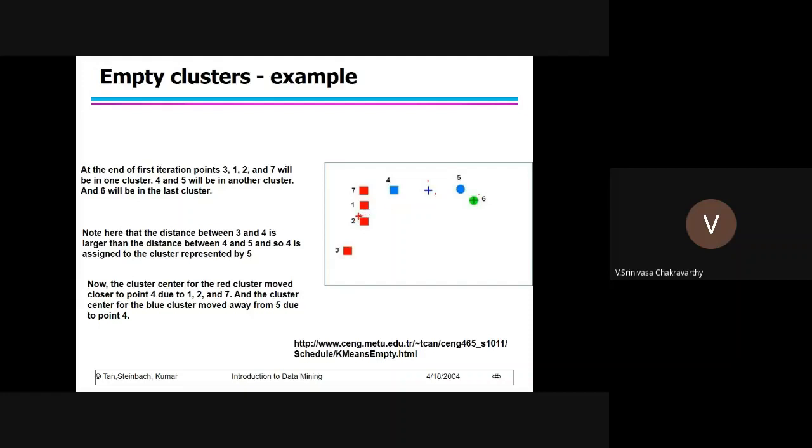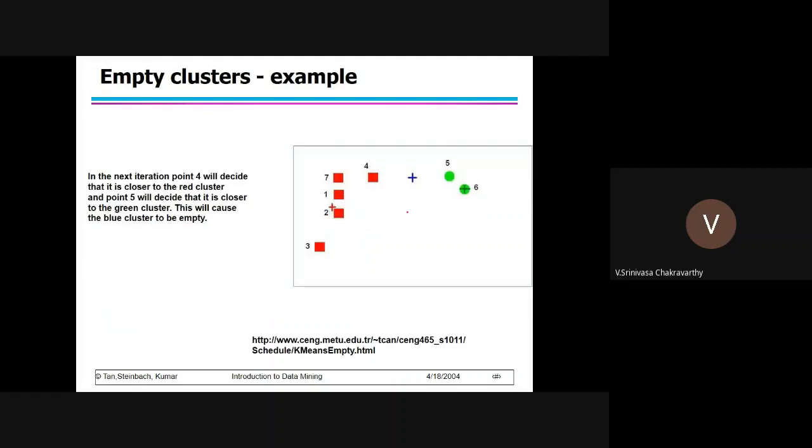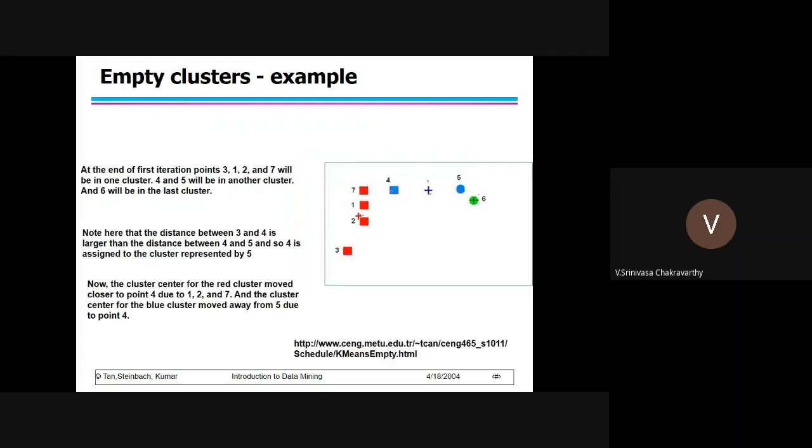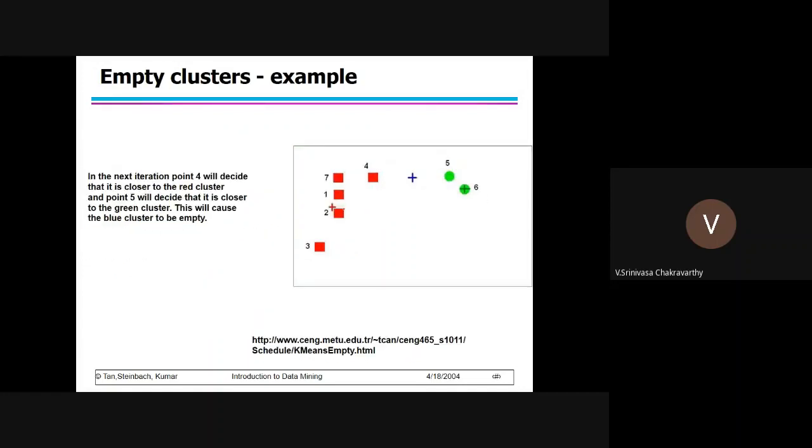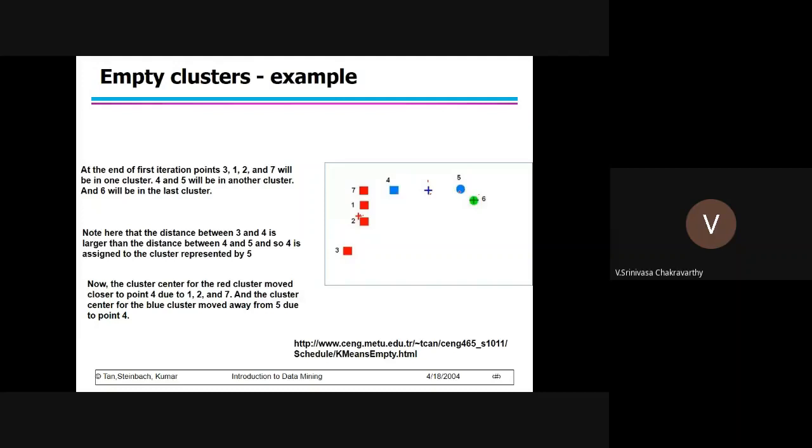And 4 and 5 become one cluster, and the average of them is this. 6 happens to be a singleton cluster. That is, there's only one point in it. That's the centroid. So do that once more. Now 4, which was part of this blue cluster, has joined this red cluster. And 5, which was part of the blue cluster, has now joined this green cluster.